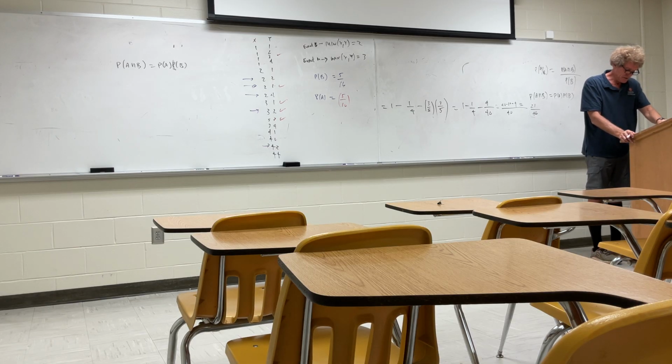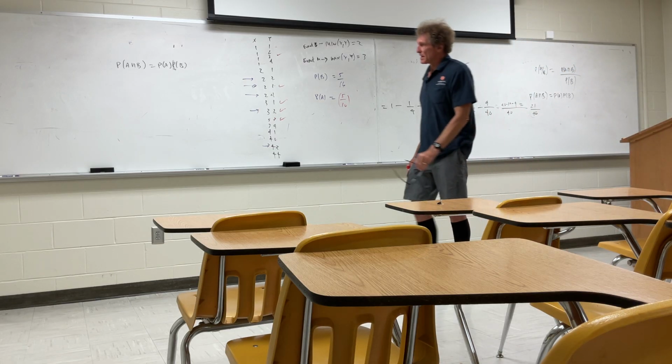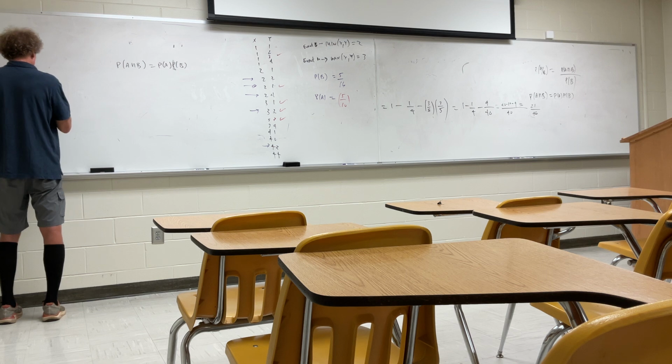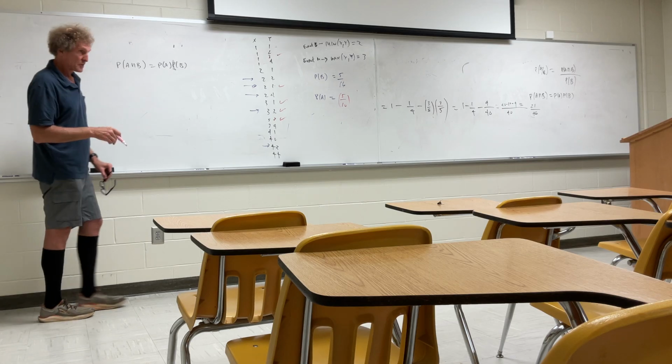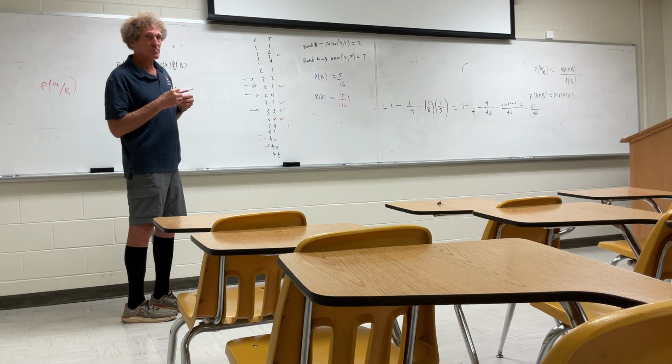Well, actually, he says find the probability of M given B. So he wants to see the probability of M, that's the second event, given B, the first event. So it says the first event happened. Do y'all follow me on this class? What's the probability of the second?